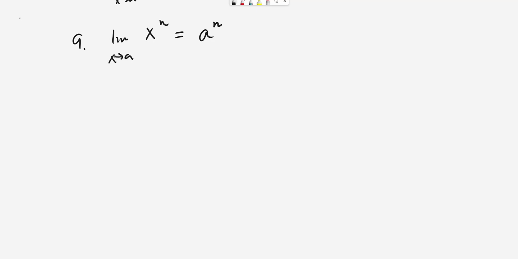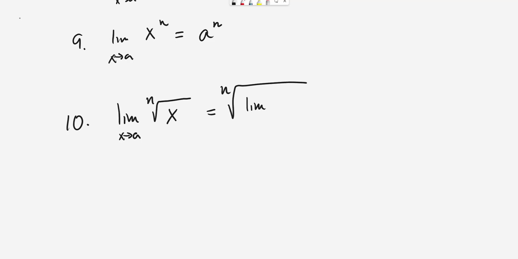The next one is less obvious, and we will look at a proof of this when we go into the more formal definition of limits. But in this, now we're looking at the limits of a root of a function. So say the function x, limit as x goes to a. What we're going to say here, again similar to the power rule, is that it is just the nth root of the limit of x as x goes to a.